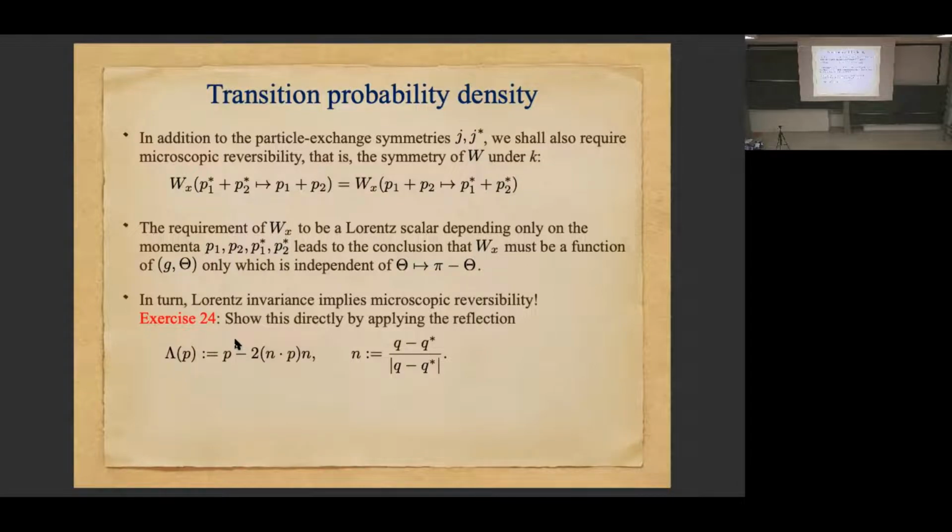As an exercise, N is the vector that connects Q and Q star. Now you can check that if you make a reflection by a plane orthogonal to N, that will interchange P1 and P2 and P1 star and P2 star. And you can check also that this is a Lorentz transformation. So if you impose Lorentz invariance, then this macroscopic reversibility will be automatically satisfied.